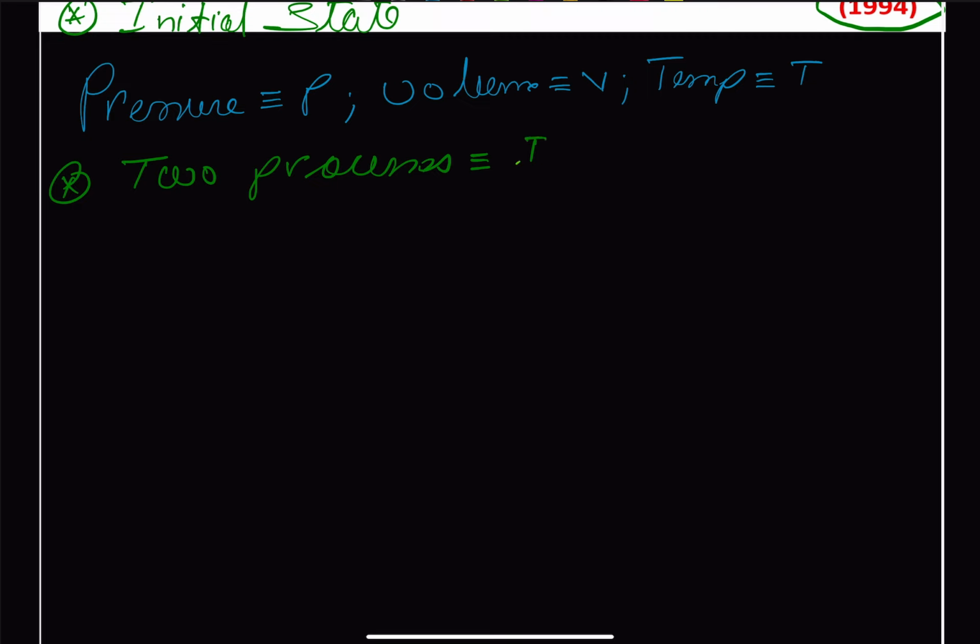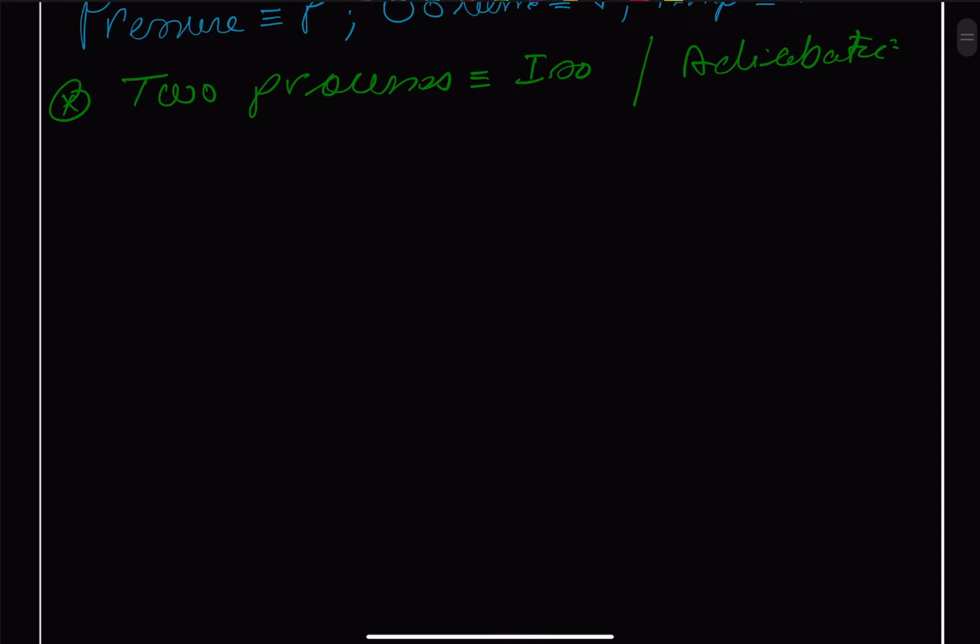One is isothermal and the second one is adiabatic. And under both processes, the final volume is said to be 2 times V.